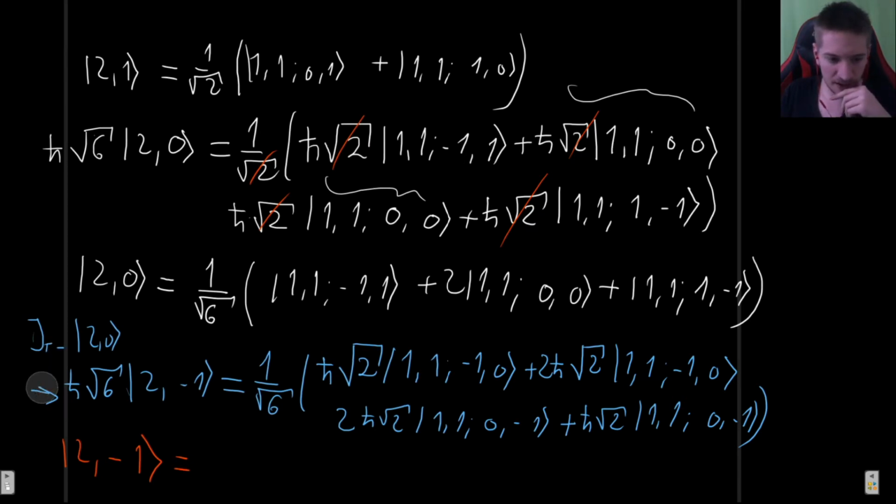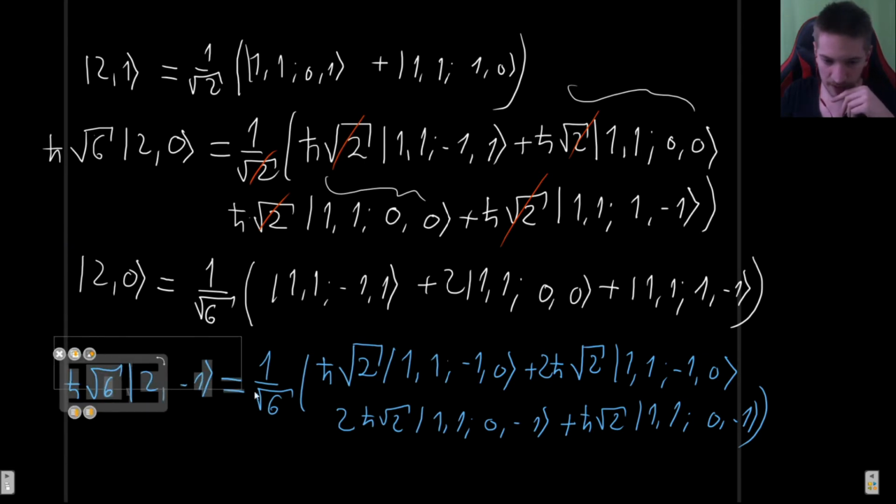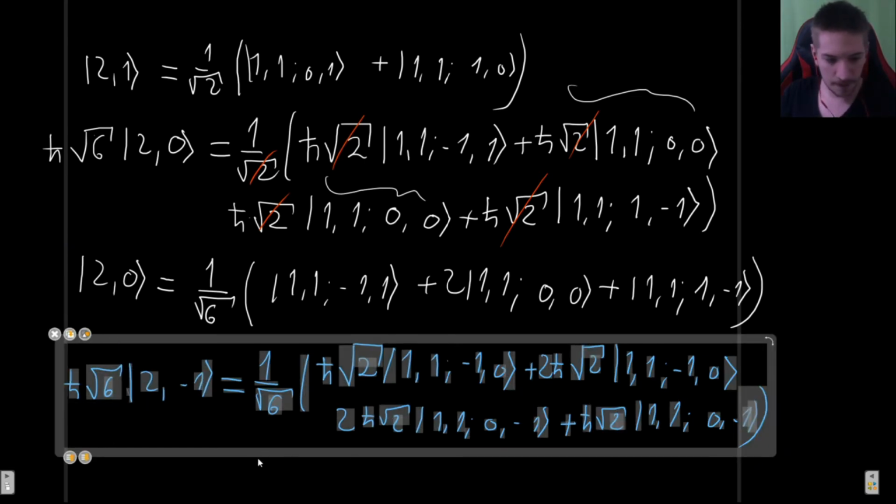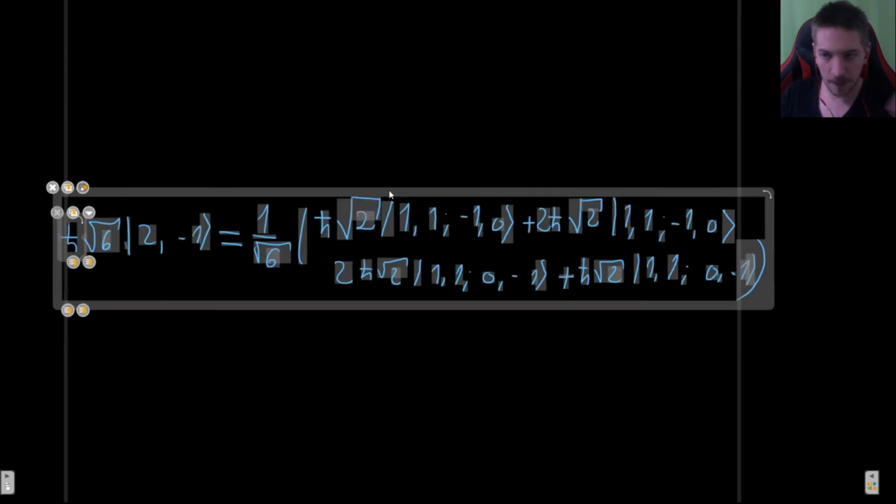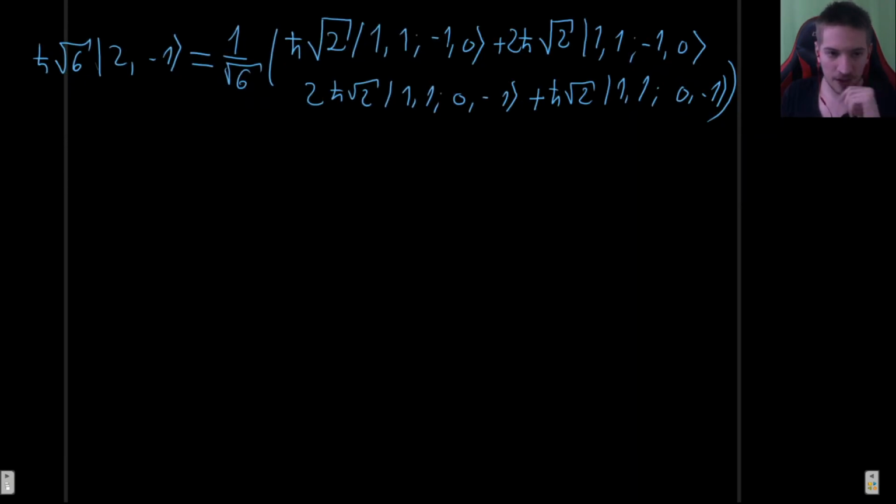And maybe let's just go to the next page, and that way we can do this without worrying about space. Okay, so this ket 2, minus 1 is going to be, well, the h bars will cancel out everywhere. We can factor out a square root of 2, and the 6 will cancel out, so we get 1 over square root of 6... divided by 6. Now, what else do we have in here?